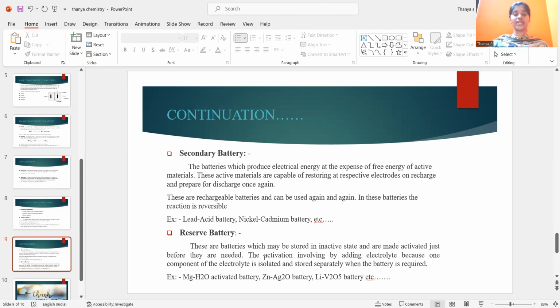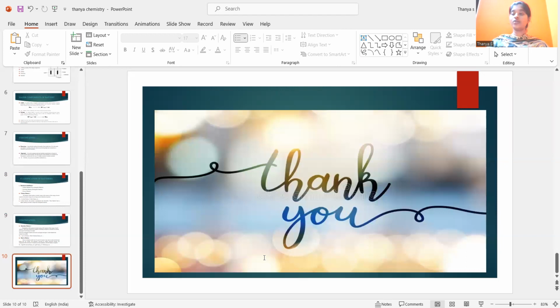The examples are Mg-H2O activated battery, Zn-Ag2O battery, Li-V2O5 battery, etc.